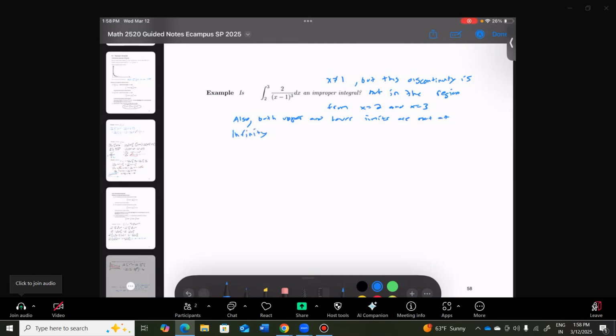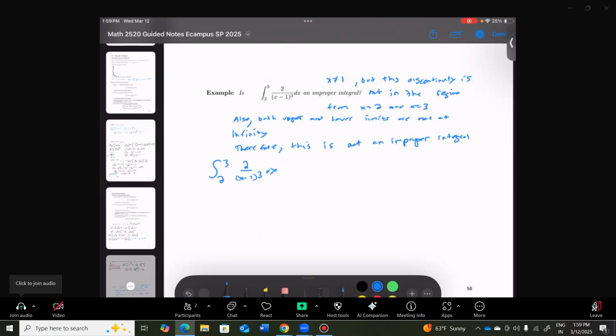Therefore, this is not an improper integral. To do this integral, we would just do it normally. The integral from 2 to 3 of 2 over (x minus 1) cubed dx.